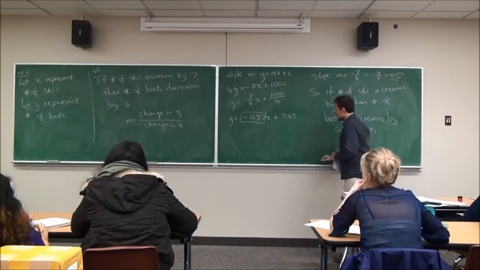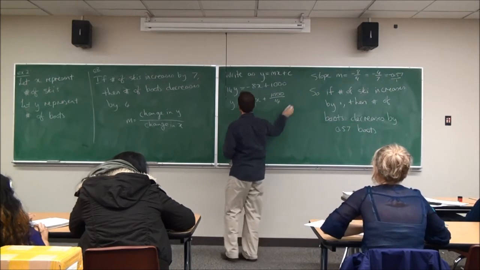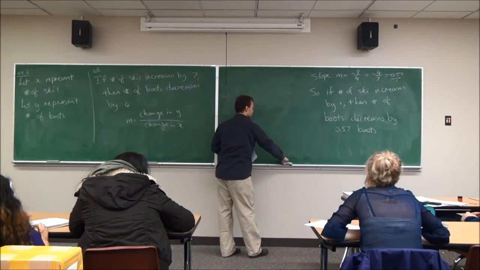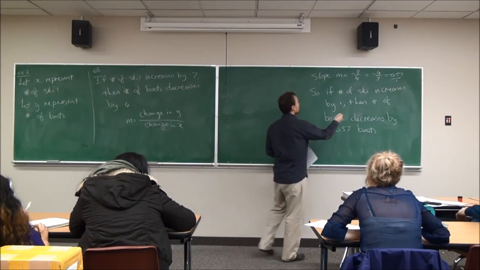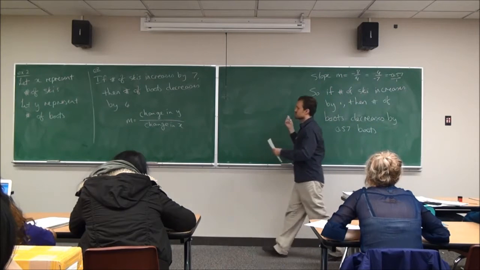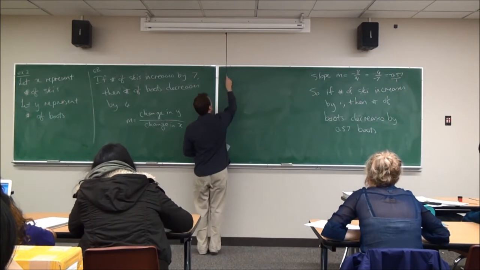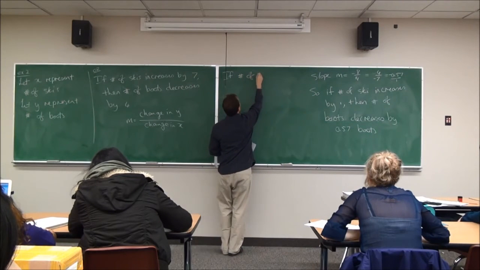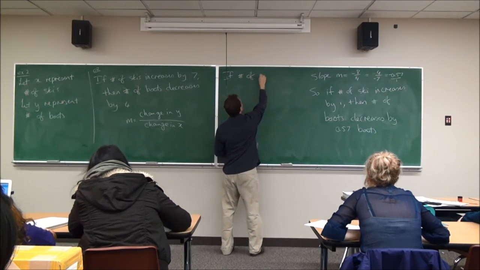I could have very easily said, these are all equivalent sentences. They all say the same thing. I can also see the slope as 4 over negative 7. Same slope value. And then I could say, if the number of, what's x? X is skis.